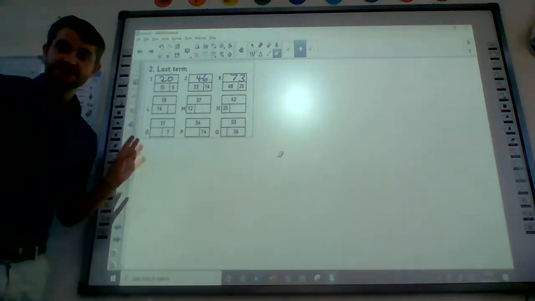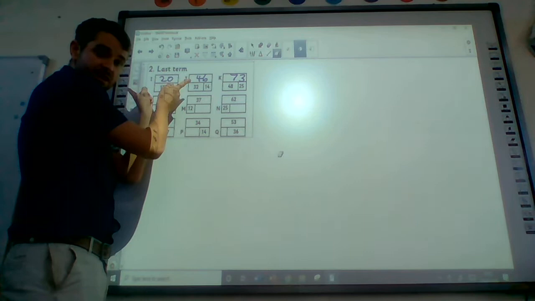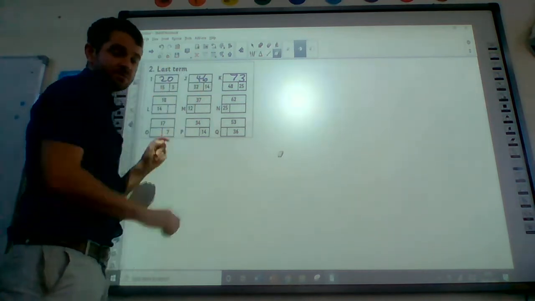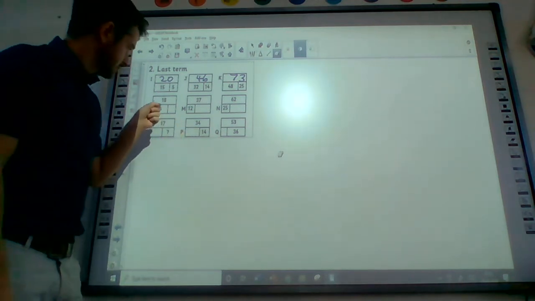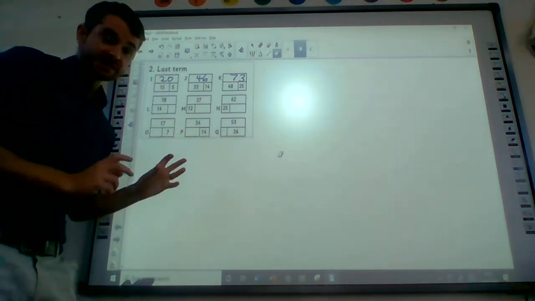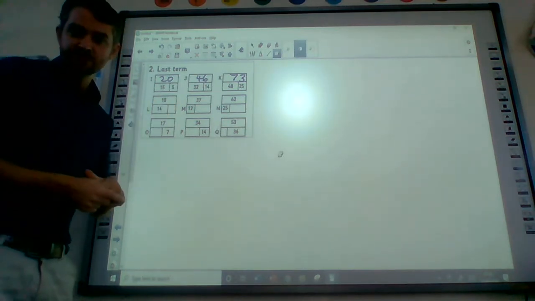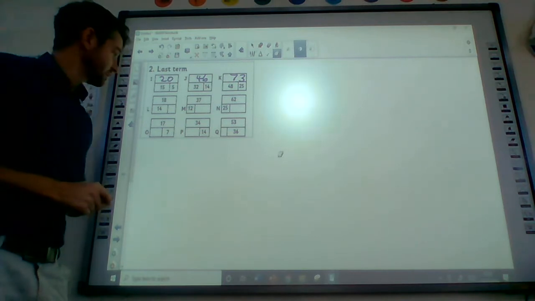That's the first three done, and those are the only adding ones, where we take these two numbers and we add them together to find the number on the top. Now, these are takeaways. We're starting with the biggest number, we're taking away a small one to find that missing section of this puzzle. Some of them, L, you could do in your head.